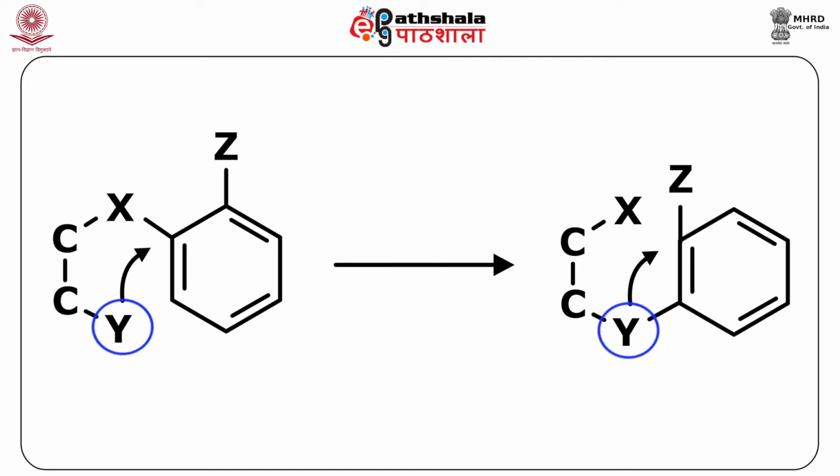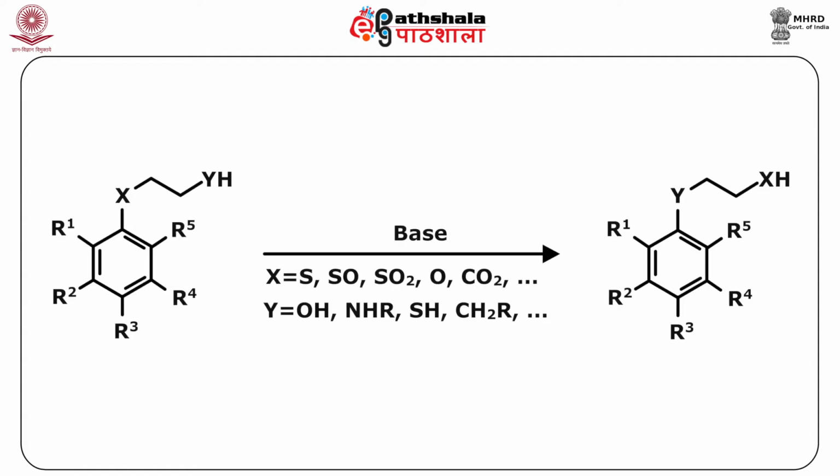The terminal functional group in the chain end, that is Y, acts as a strong nucleophile, for example an alcohol, amine or thiol. In the Smiles rearrangement students, the nucleophile Y is generally the conjugate base of SH, that is the thiol, SO2NHR, SO2NH2, NH2, NHR, hydroxyl or OR.